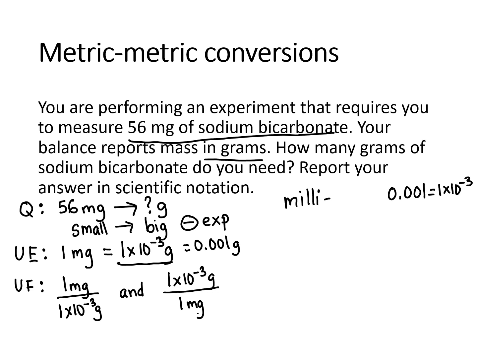I don't have a number of grams that I need to measure out. I don't know what the balance needs to say in order for me to know that I have 56 milligrams of sodium bicarb, which, by the way, is just baking soda. So I need to figure out which one of these two unit factors I need to use to actually get from milligrams to grams.